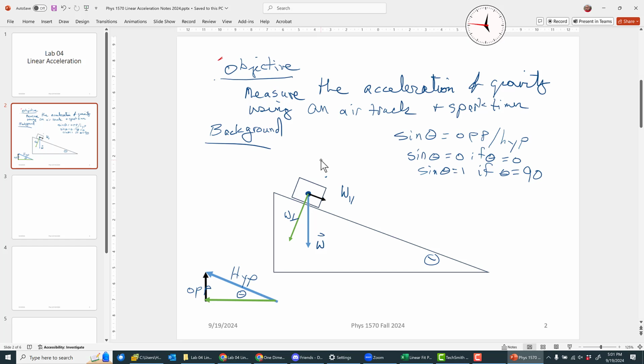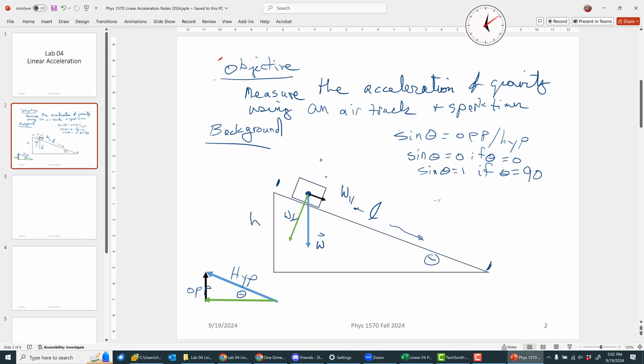So the lab manual shows that we're going to call this dimension, the hypotenuse, L. We're going to call this little h.